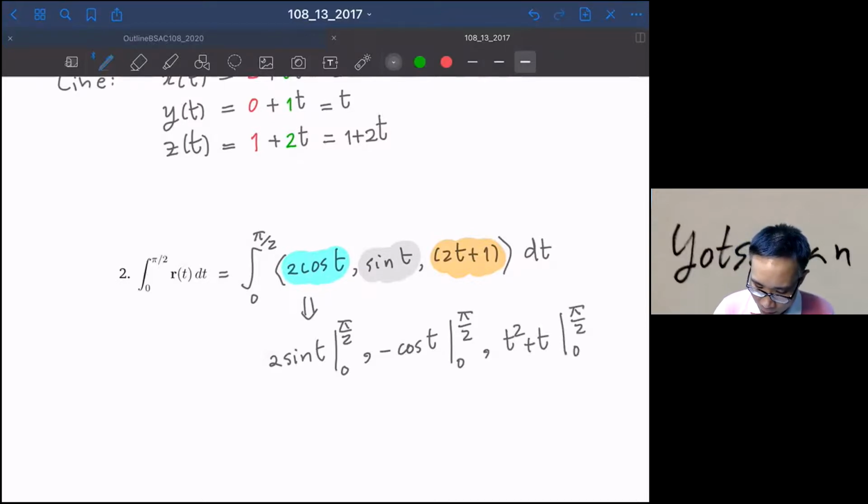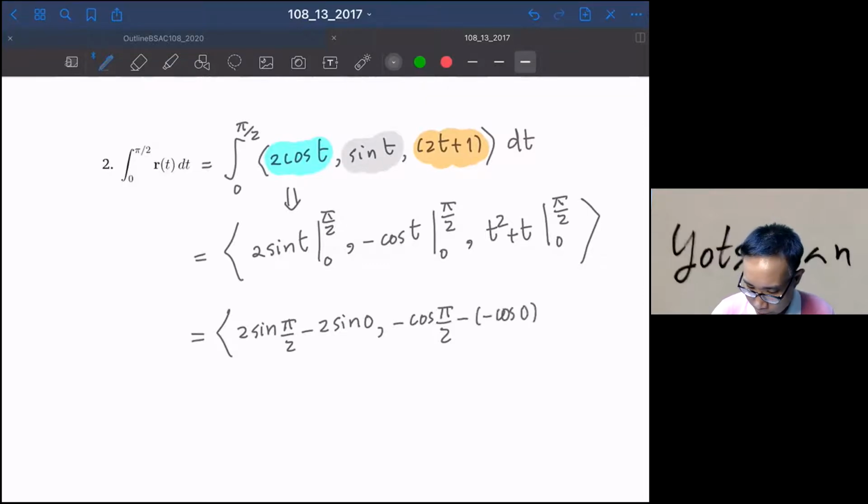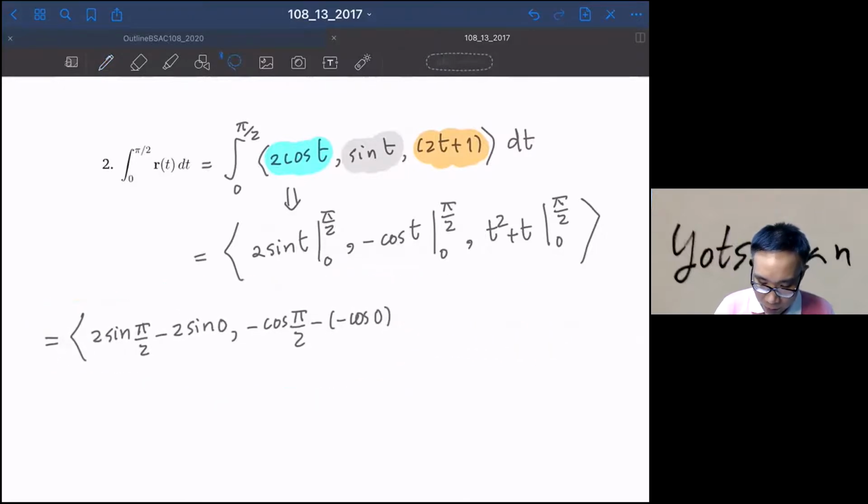And this will be equal to this: 2 psi pi over 2 minus 2 psi 0, and negative cos pi over 2 minus cos 0. That will be the first term, the second term, and finally the third term: pi over 2 squared plus pi over 2 minus 0.